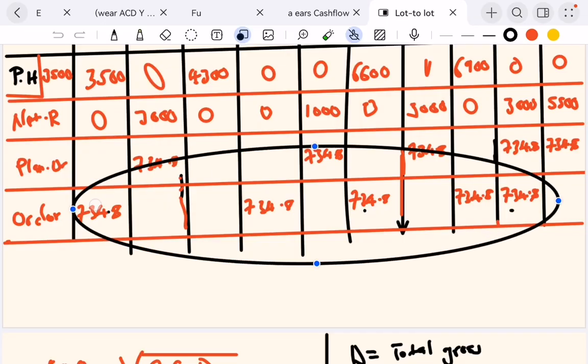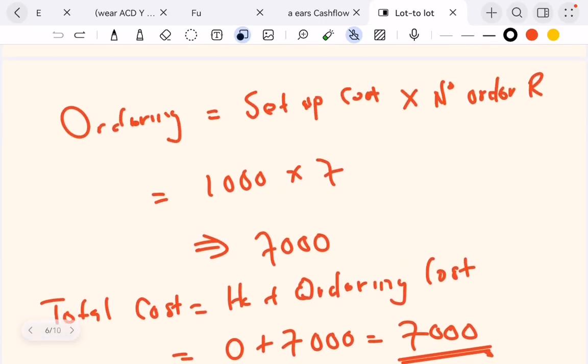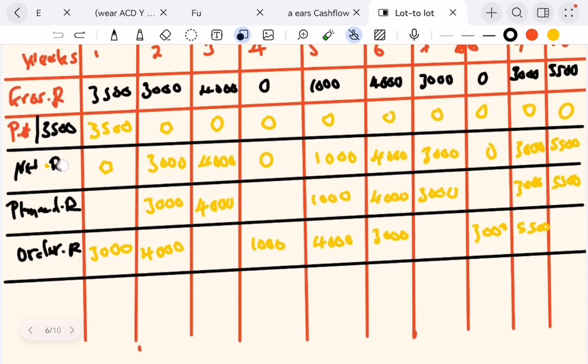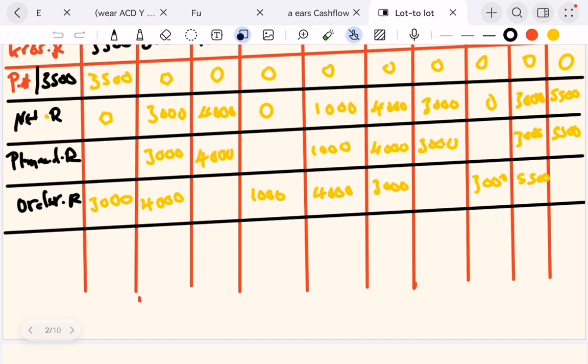So we are counting 1, 2, 3, 4, 5. Remember? Okay. So this one is different to the lot. In the lot, we said order release. In EOQ, we say number of orders. It's the same. So we said the number of order releases.